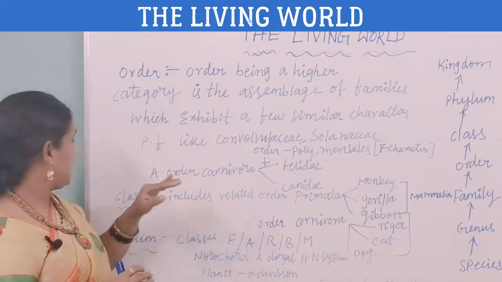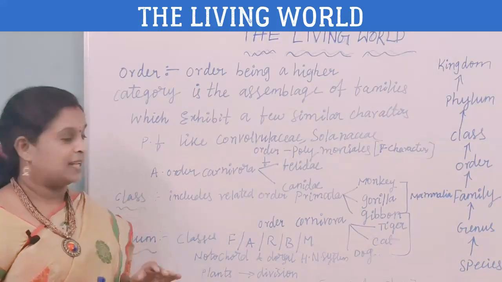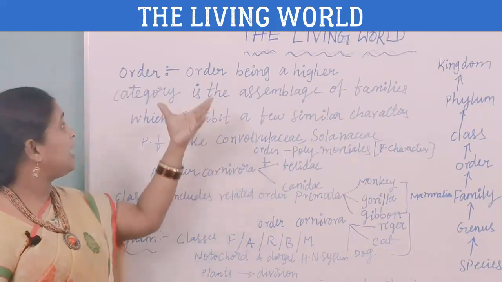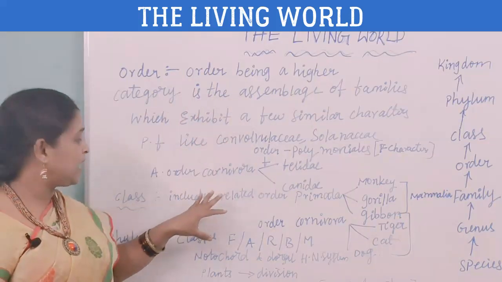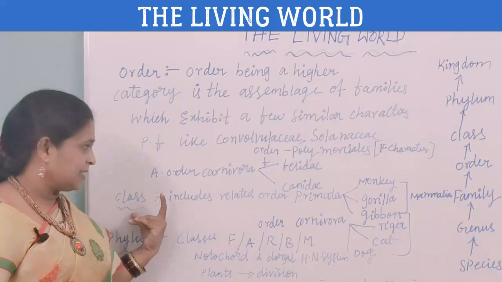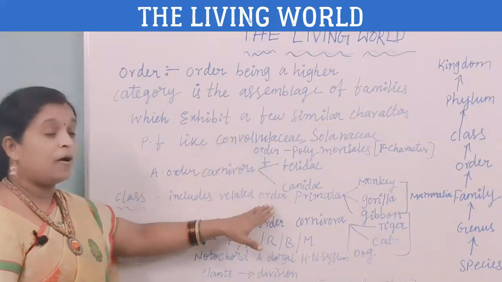Now the next one is the class. A class includes related orders. How are the related orders categorized into a class?